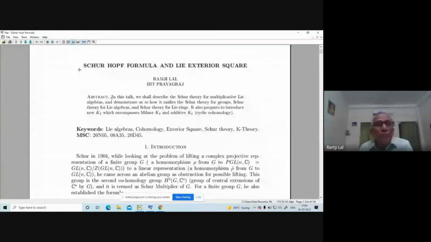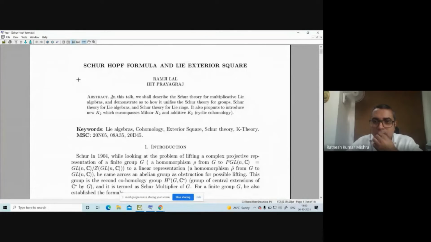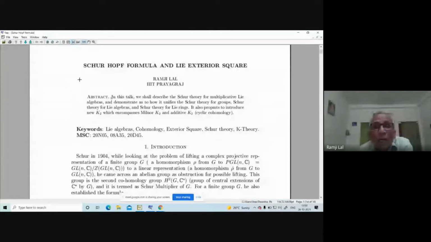Now, the topic of the talk, as you've already said, is Schur Hopf formula and Lie exterior square. And in this talk, we shall describe the Schur theory for multiplicative Lie algebras and demonstrate how it unifies the Schur theory for groups, Schur theory for Lie algebras and Schur theory for Lie rings.